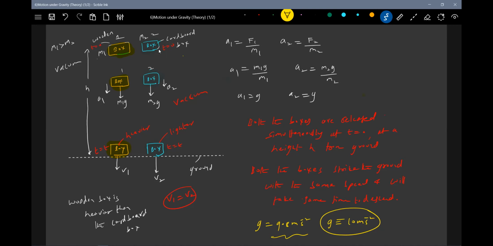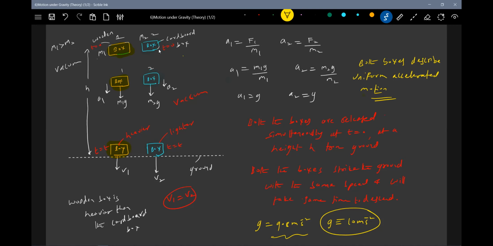One more important idea: both the boxes describe uniform accelerated motion. Both are going to describe the same uniform accelerated motion, with acceleration equal to this value. From where will this acceleration come?